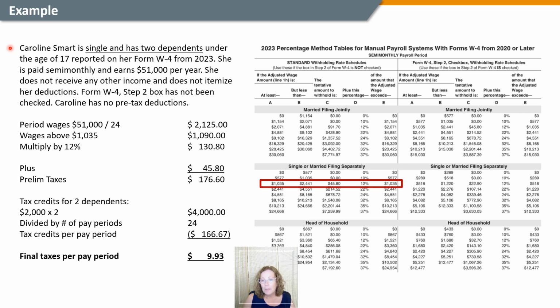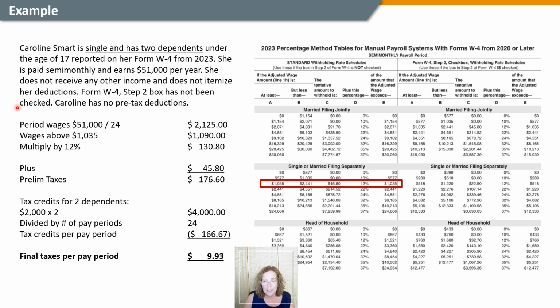Here's an example of an employee with dependents. Carolyn Smart is single and has 2 dependents under the age of 17 reported on her Form W-4 from 2023. She's paid semi-monthly and earns $51,000 per year. She does not receive any other income and does not itemize her deductions. Form W-4 Step 2 box has not been checked.